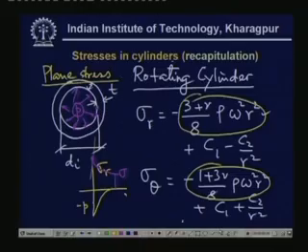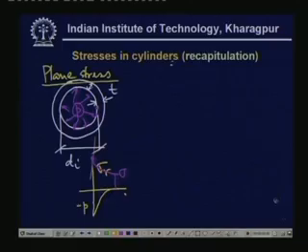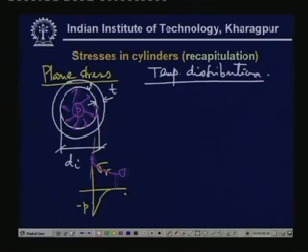Now, if it is subjected to a thermal load, that is what we have discussed earlier, if there is a temperature distribution, that is throughout this thickness, the temperature varies as a function of r. So, this is temperature T, capital T, which is a function of r.